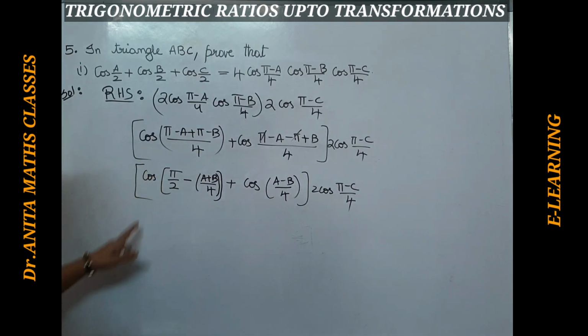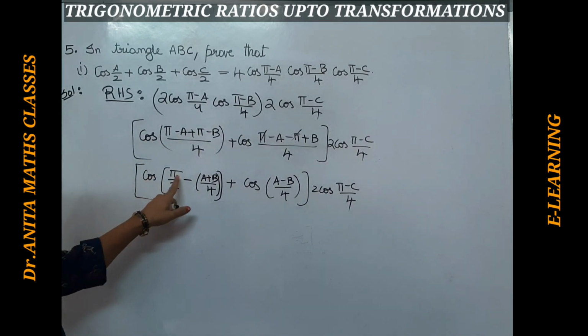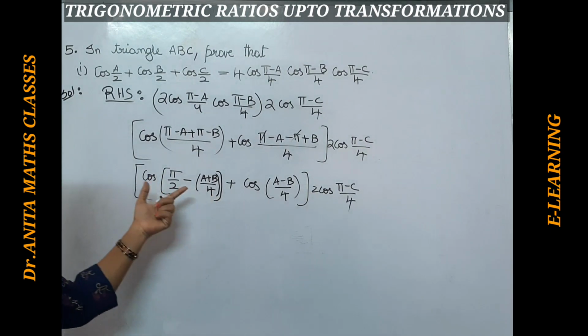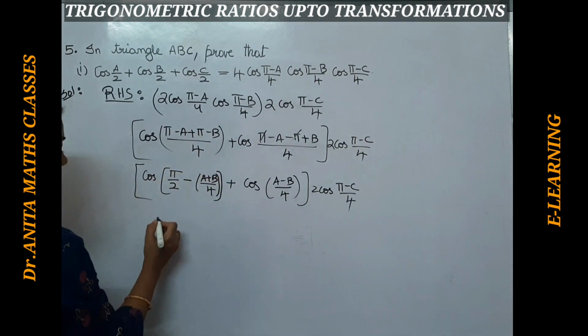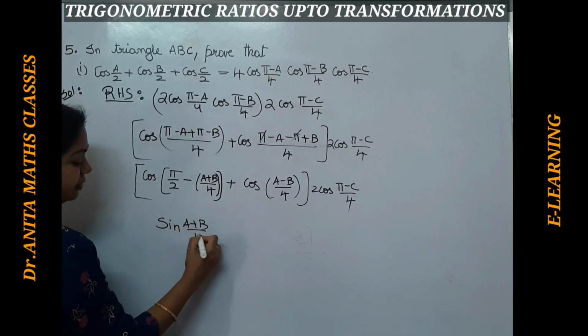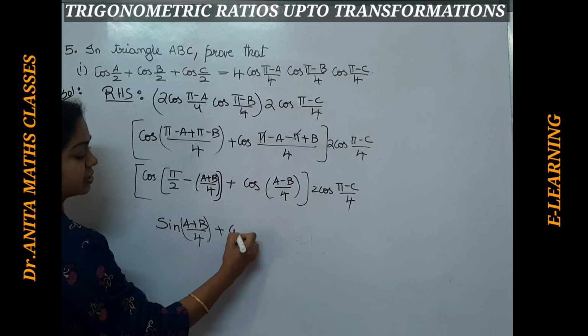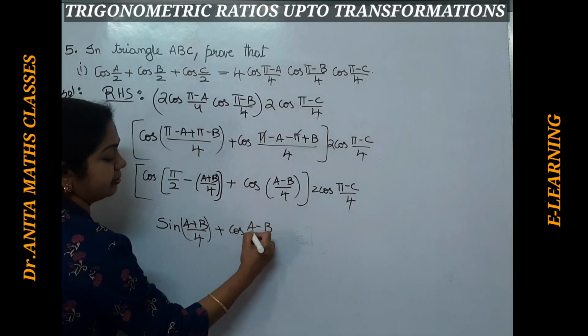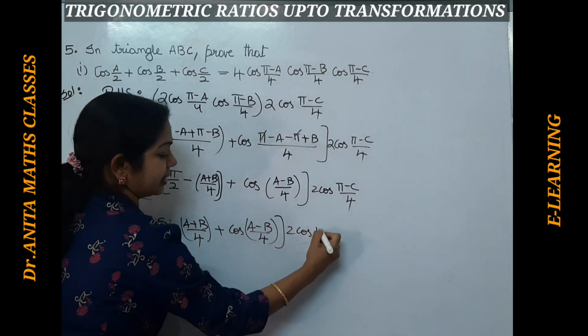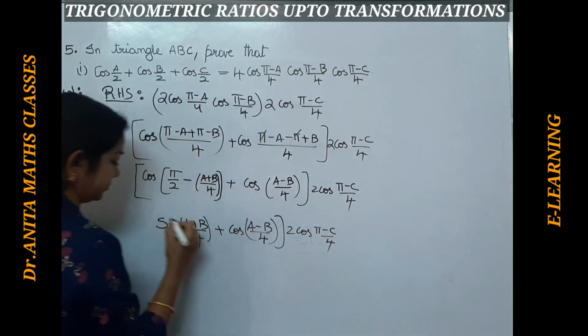Here. Now if you are seeing this, cos(π/2 − θ), π/2 is 90, 90 minus something is sine of this. Sine of (A+B)/4. Okay. Plus cos of (A−B)/4. And we do have 2 cos (π−C)/4.